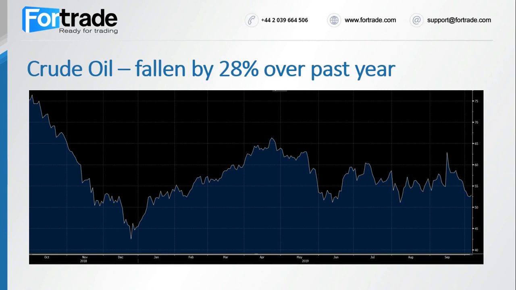Of course, crude is affected by multiple factors, but we are looking at prices relating to the economic slowdown and the trade war. Over the past year, crude oil has fallen some 28%, although crude is up by 15% since the beginning of the year. Crude oil declined almost 6% last week, with much of the decline due to the slowing US economy.